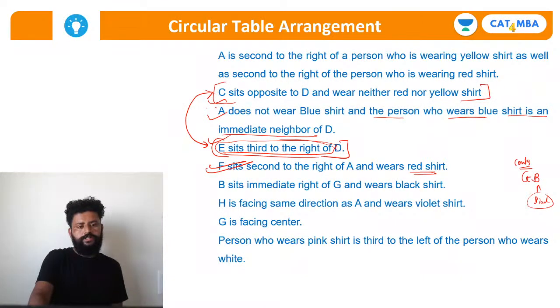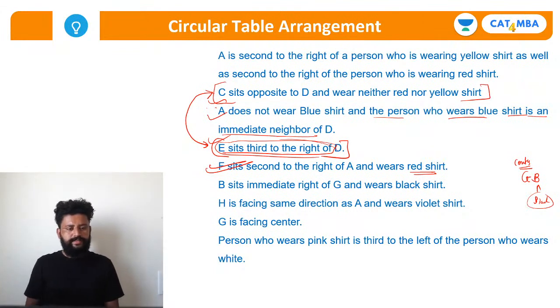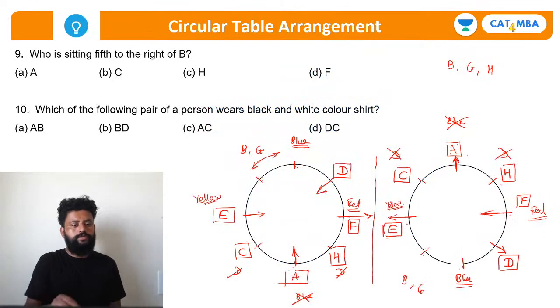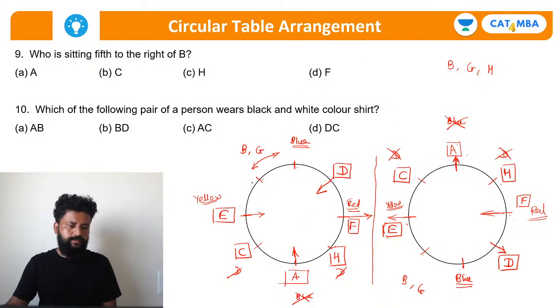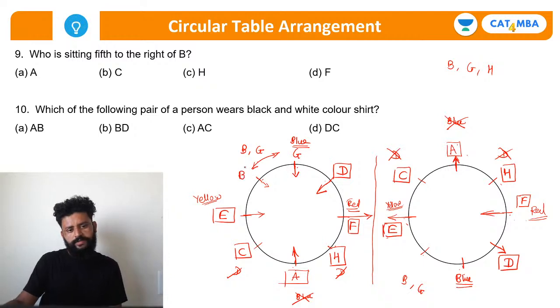And now we just need facing and all. G is facing center, and B sits immediate right of G. So wherever G is, if you take G here, G is facing center, so right will be here. It's not possible to have G. In this case, G must be here. G is facing center, immediate right of G. The only case.